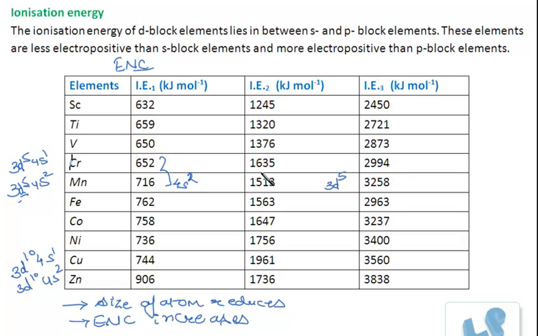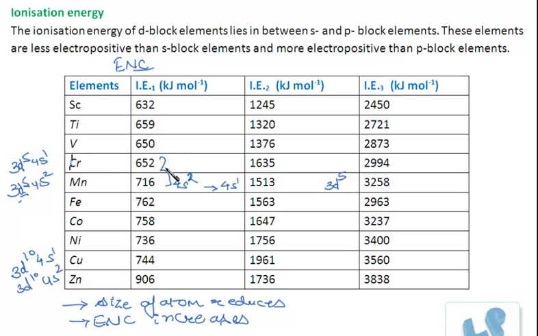Again, what is left after removal of one electron is 4s1, one electron in the s orbital, so that is also removed. Now what is left here is d electrons only, so see the huge jump in ionization energy, from 1513 to 3258.